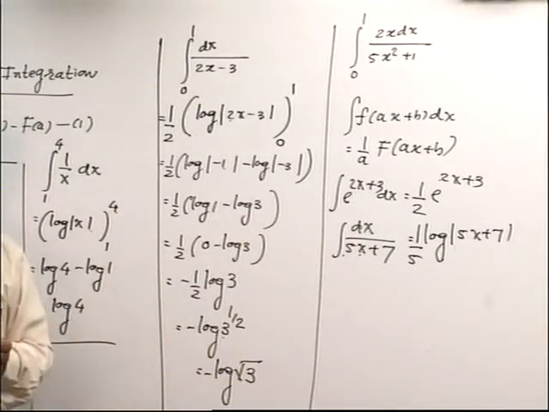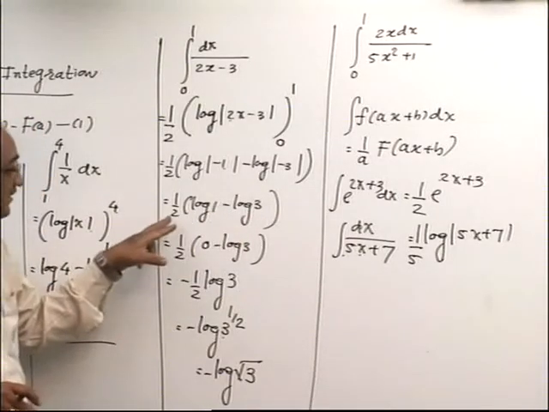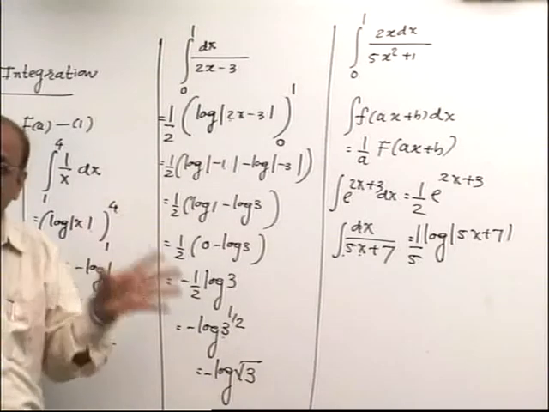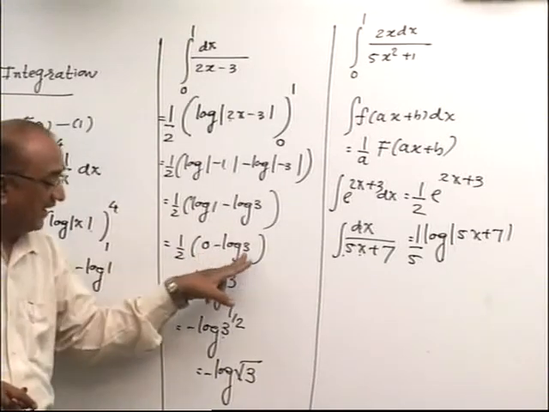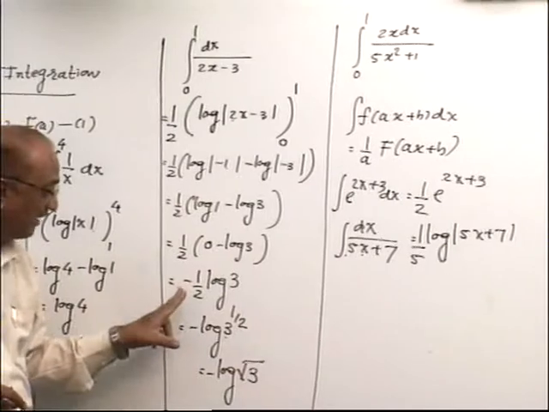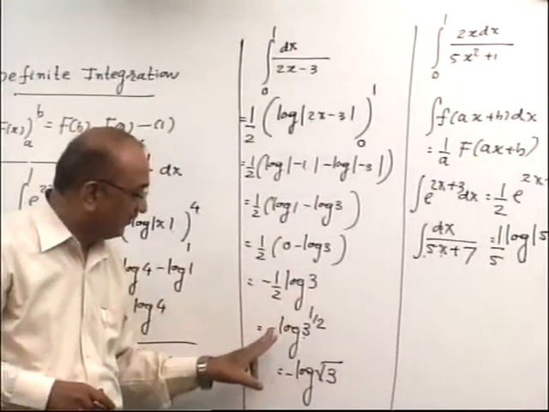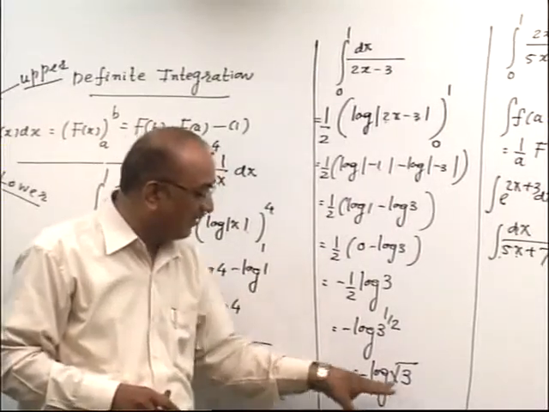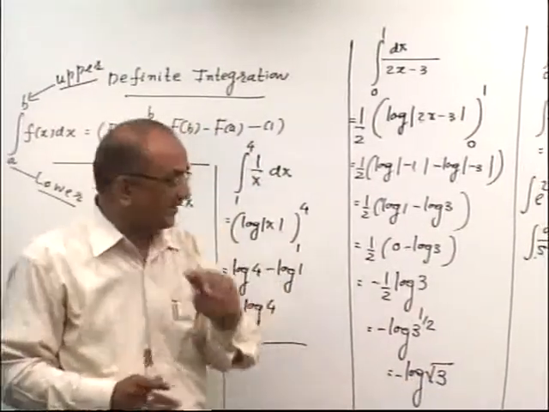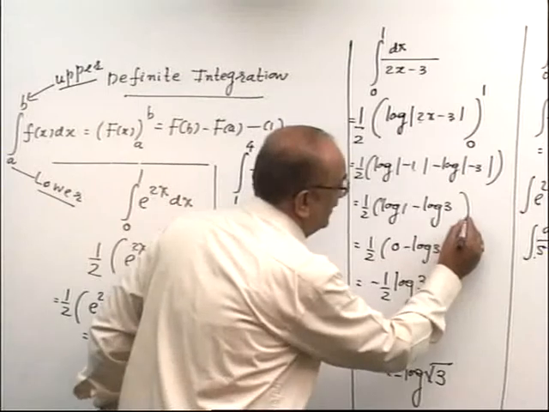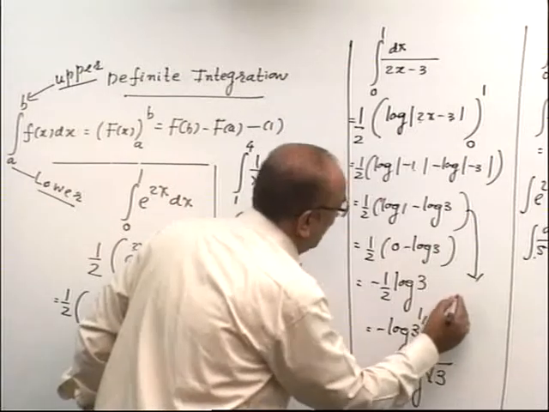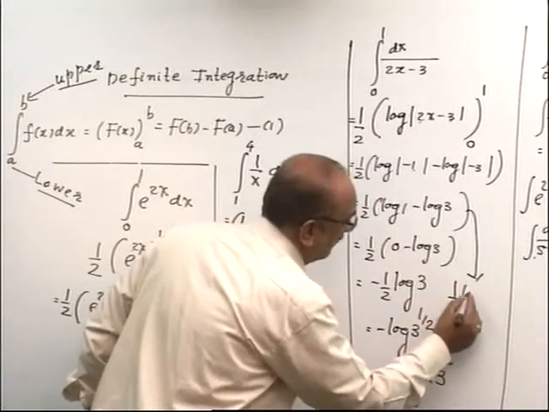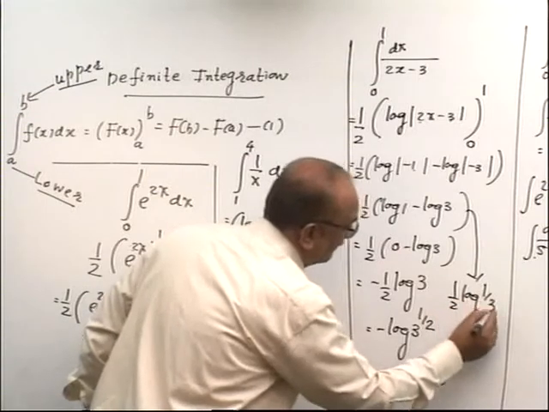You can write log 1 minus log 3. You may write 1 upon 2 into 0 minus log 3, or minus 1 half log 3, or minus log 3 raised to half, or minus log root 3. Otherwise, in a different form, you can write this as 1 half log 1 by 3.